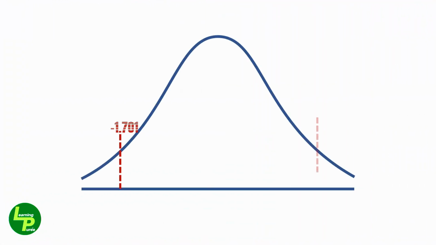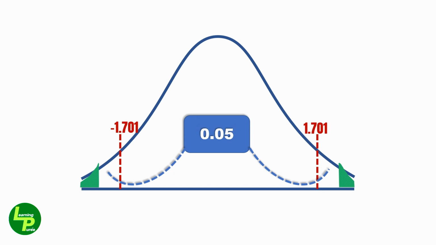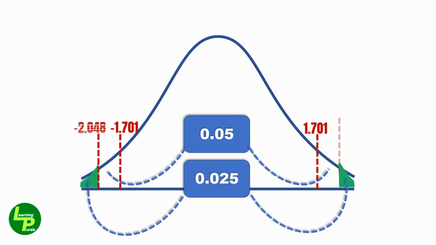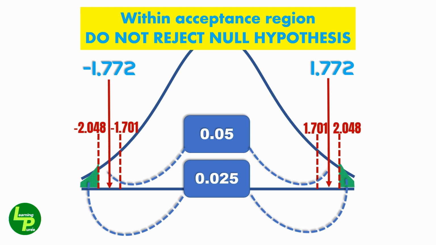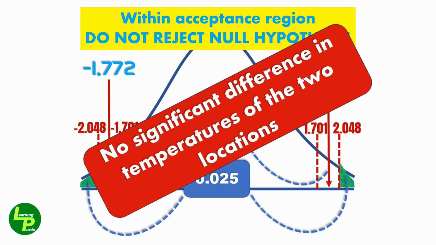Since we are conducting a two-tailed test, this value is within the acceptance region, and hence we do not reject the null hypothesis. It follows from this that there is no significant difference between the two readings.